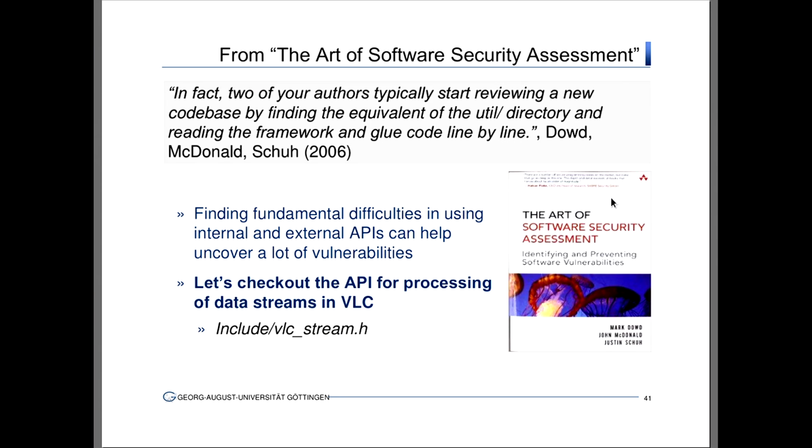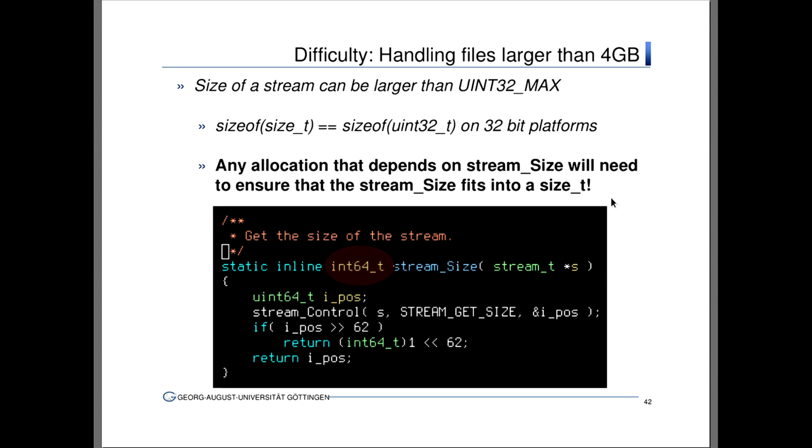You know, if you start auditing a new project, take a look at the language that's being spoken in this code base. And those are the utility functions, you know. So in the case of VLC, I took a look at vlc_stream.h. This is the API that they use to analyze data streams of all kinds. So if we find fundamental difficulties in using this API, then we're going to find bugs.